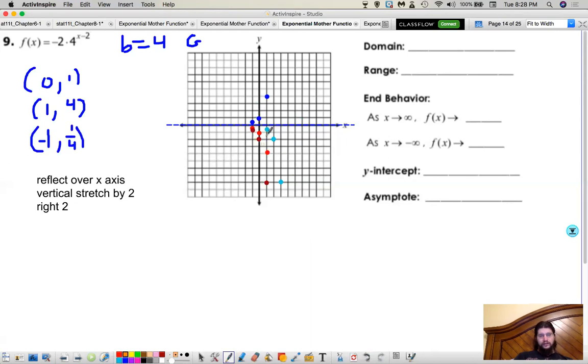And I'll just try and graph this. And it's going to be terrible. It's going to be really terrible. But it should be something like this.